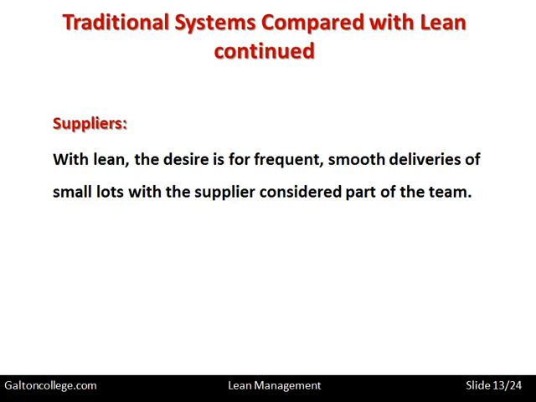If it's a big delivery, some of the items will be standing idle. So small deliveries, very frequent, and in that sense the supplier becomes a part of the production system. The supplier is the first stage, delivering the raw materials or the components to the business just as the business wants them.